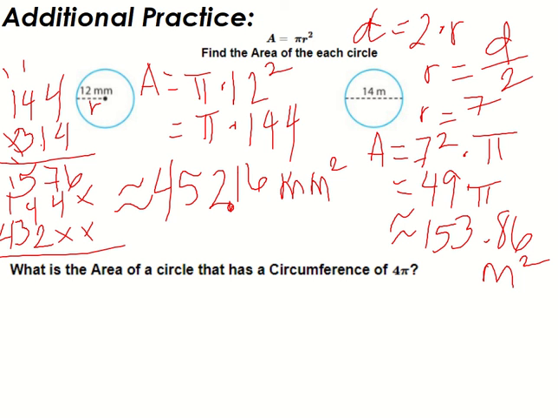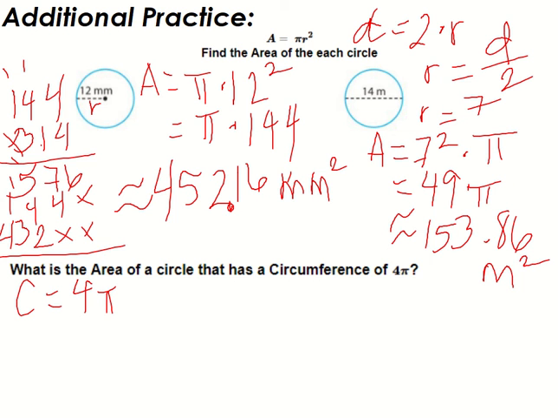All right, so this one's just like that last circumference problem where it says, what is the area of the circle that has a circumference of 4 pi? So this is a little bit different, I guess, but we're using information to help us find other information, right? So it says the circumference equals 4 pi.